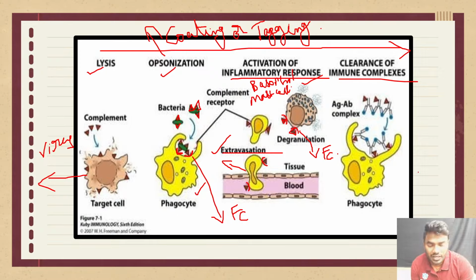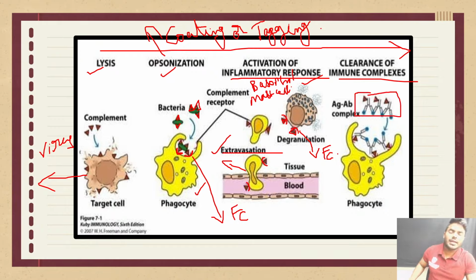Look into the picture carefully. What do I call this? I will be calling this the antigen antibody complex. Friends, why am I calling it the antigen antibody complex? Everyone pay attention, friends. Look into the diagram very carefully. This is the antibody.